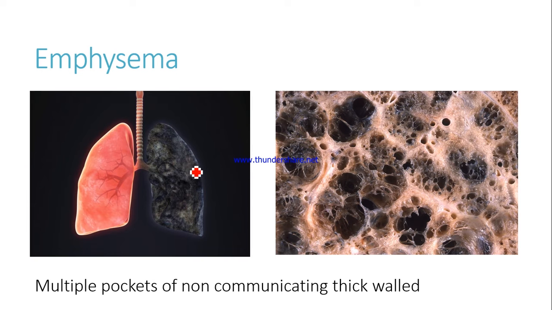Okay, so you see this is the normal lung, and this is the lung with emphysema. And if you enlarge one portion, it looks like this. So that's why in the report there is the phrase multiple pockets of non-communicating thick-walled. Okay, so these are the things.